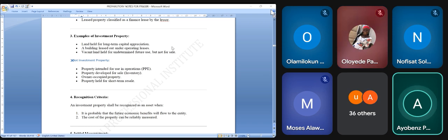And I explained to us the last time that the initial measurement is the first time costing of the item, the first time cost that you are going to attach to the item. While the subsequent measurement is what we call the current cost.